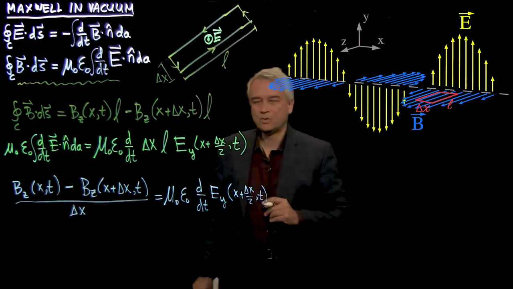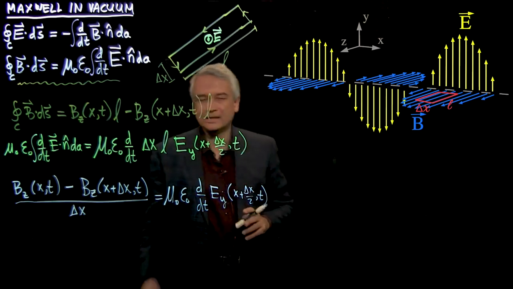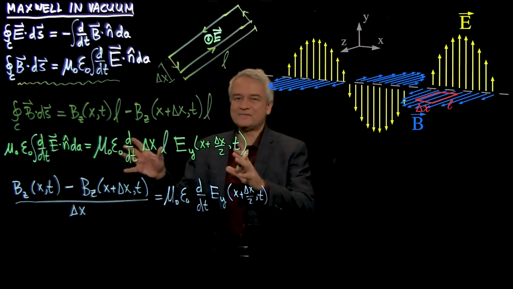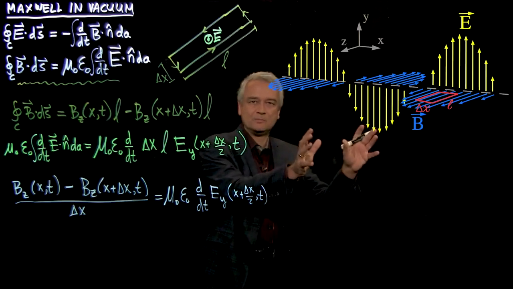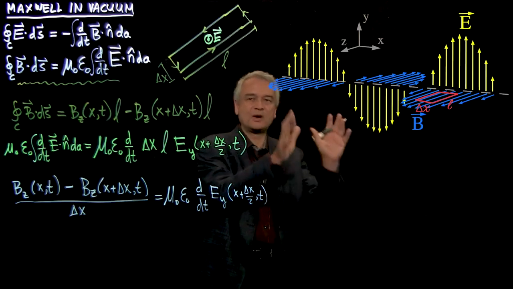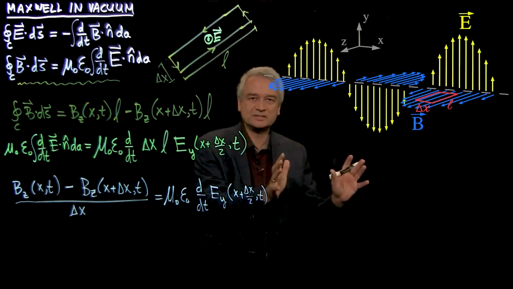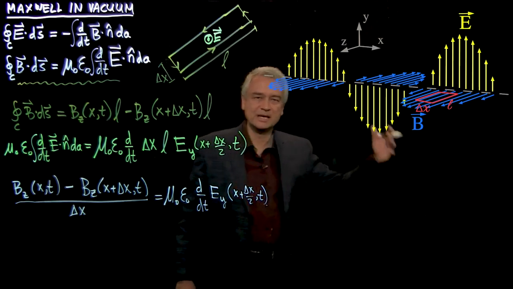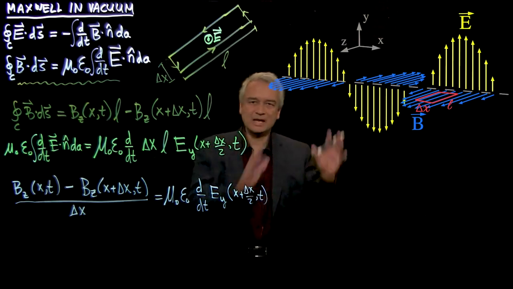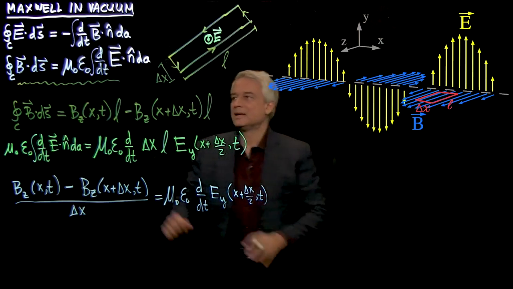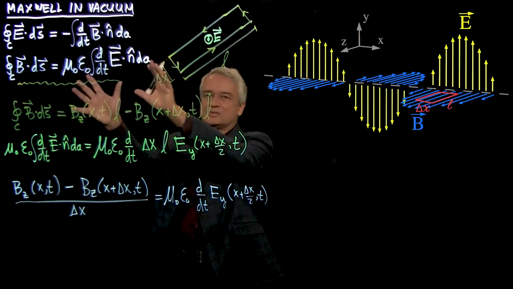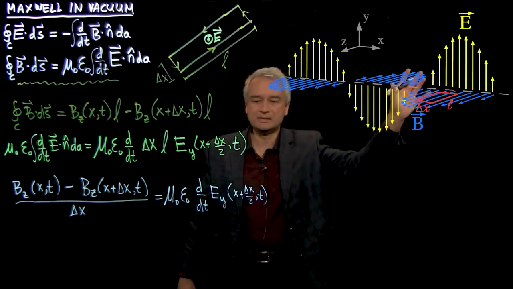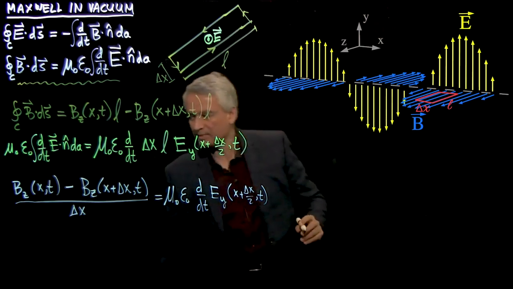And so what we conclude from this is that if there exists a solution with an Ey and a Bz that are functions of x and time, describing planes as I described at the beginning, and if it satisfies Ampere-Maxwell, then there has to be a relation between Bz and Ey, which can be written very simply.